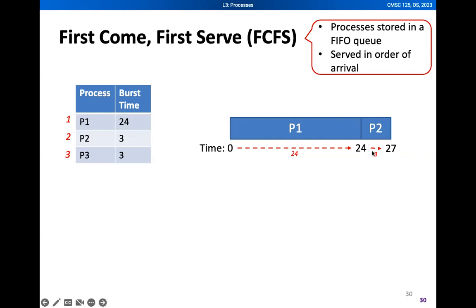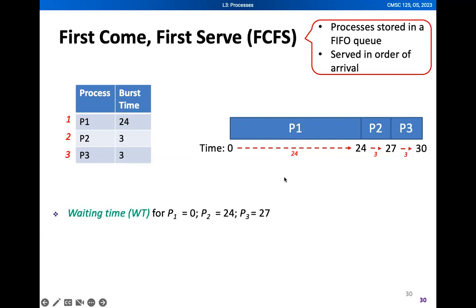So we have allotted 3 milliseconds for it also. And then P3 is executed next, since P3 has arrived after P2, and it also has a burst time of 3 milliseconds.